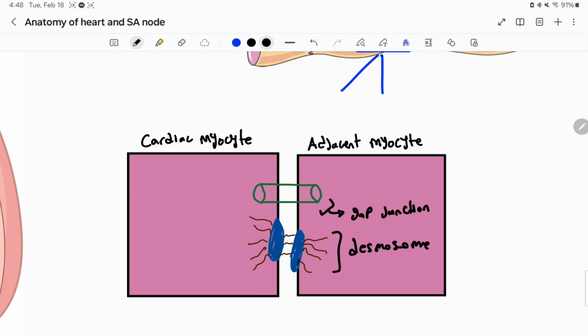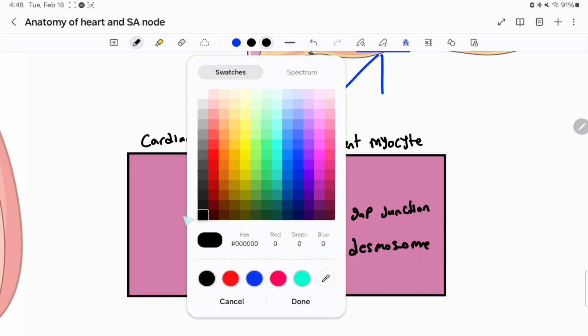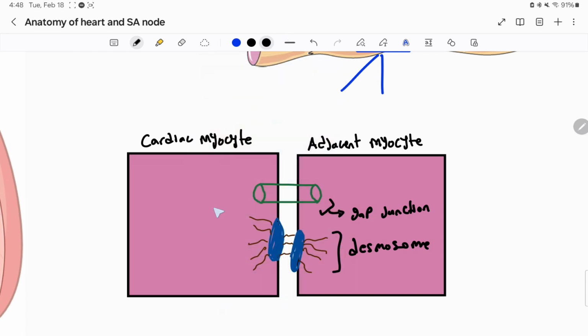Now, if you have watched my neuro video, you will remember that I talked about synapses, and about chemical and electrical synapses. A gap junction allows for what we call an electrical synapse. It provides a passage, or this nice little route, that ions from one cell can freely go down to an adjacent cell.